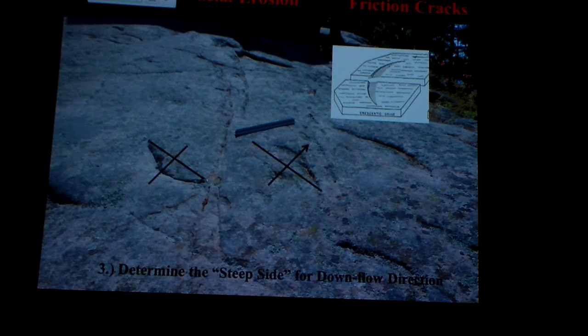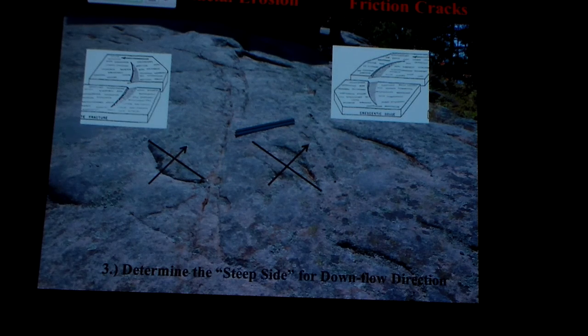If you look at this one over here, though, it's kind of just the opposite. It doesn't show quite, the perspective's a little funky, but basically this is the chip here, and this is the steep edge. So no matter which way the smile points, whether the smile's pointing upstream or downstream, notice the sharp edge is always the upstream side.